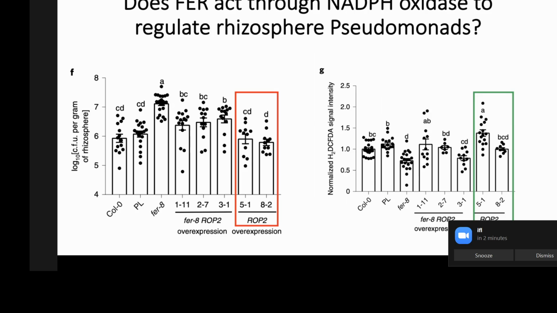So unless they looked at protein levels and knew that the protein levels were similar between these overexpression lines, then I think it becomes really hard to quantify these things. Okay.